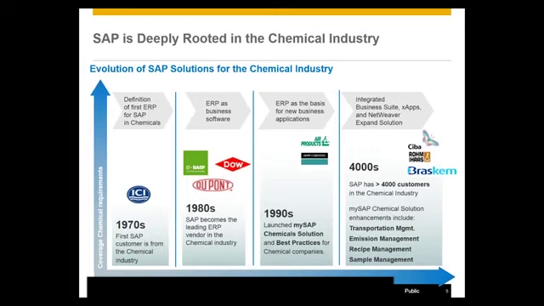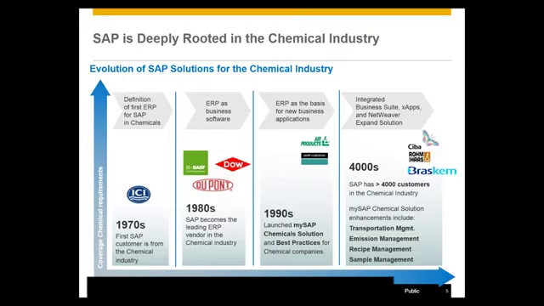Now, if you look at the historical evidence, in 1980 we were almost in the leadership position in ERP for business software, and we became the leading vendor in the chemical industry. In 1990, we launched mySAP Chemical Solutions and best practices for chemical companies, and today we have more than 4,000 customers.